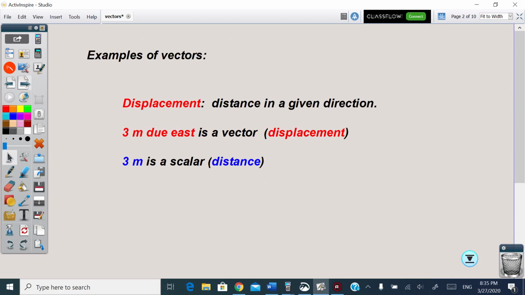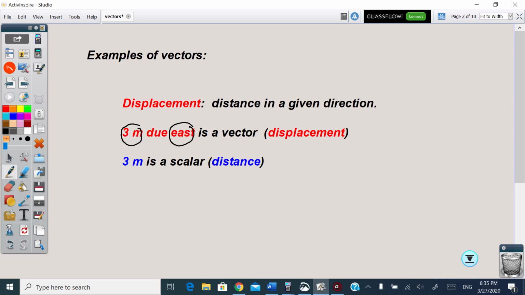Examples of vectors are displacements, where displacement is distance in a given direction. So when I say 3 meters due east, I am talking about a magnitude, which is 3 meters, and a direction, which is east. Therefore, it's a vector.